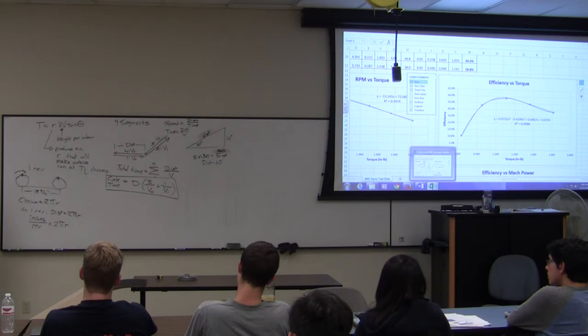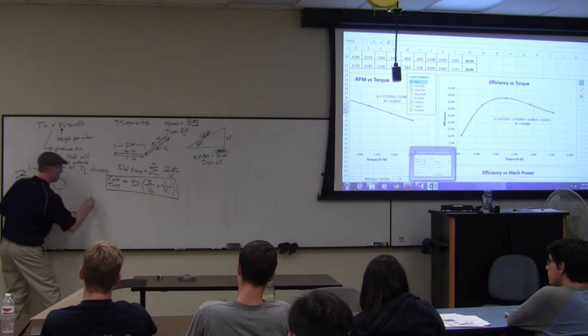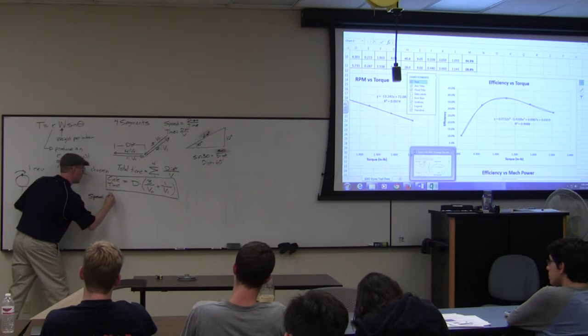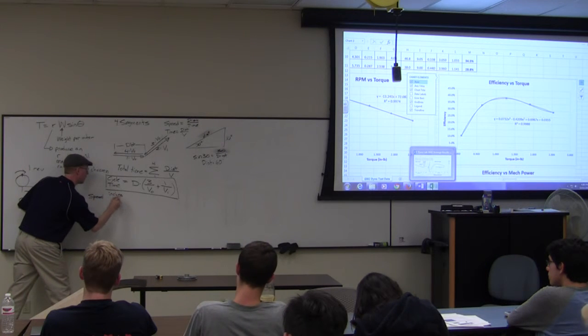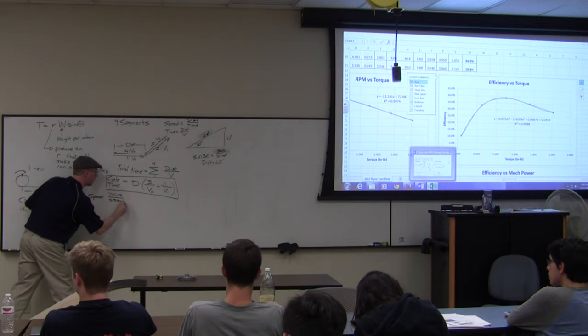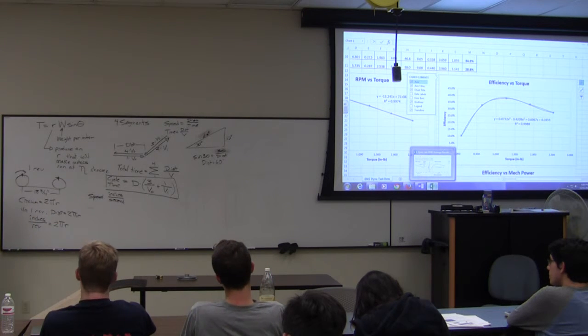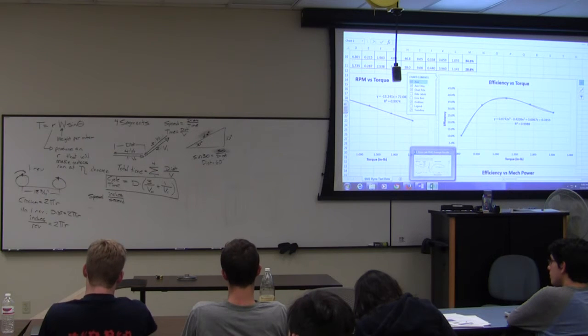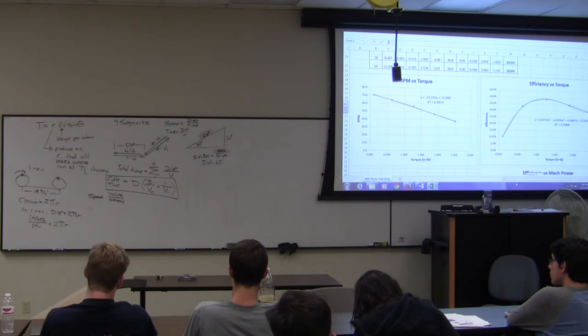What we're trying to get to is speed, velocity. So speed has units of inches per second or minute, but second's probably a more convenient unit. And we have inches per rev. And we also have to work with RPM. So here's RPM.